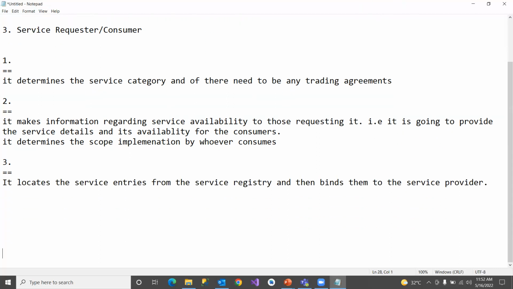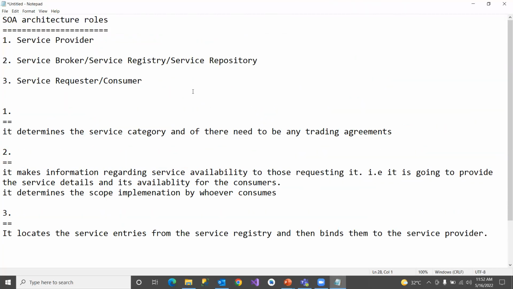So these are the main three roles of service oriented architecture: service provider, service broker and service requester. The service provider provides the category of services and any trading agreements.